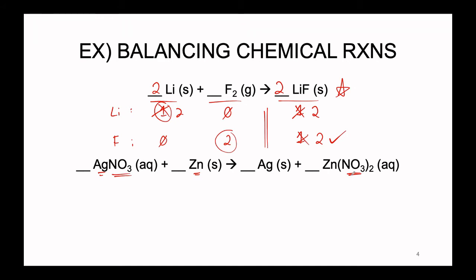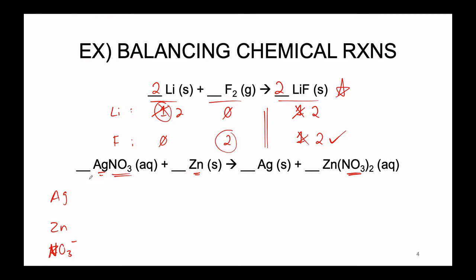This is actually really useful for us, because we can treat the nitrate like one big group, like one big atom, since it doesn't change form from the reactant side to the product side. It only changes what the nitrate is linked to. This means that we don't have to take into account the nitrogens and the oxygens separately. It saves us a little bit of work.